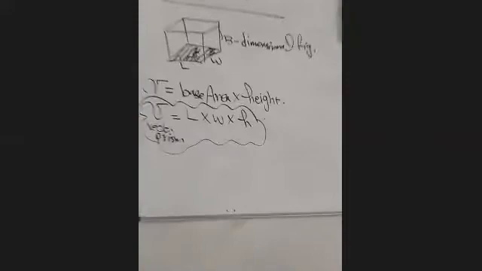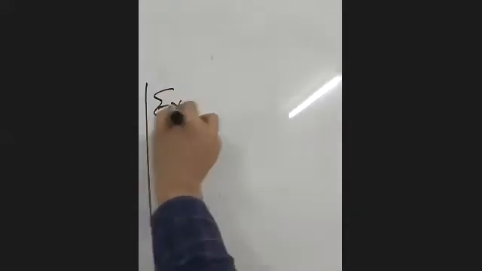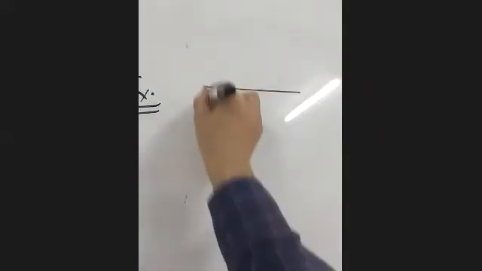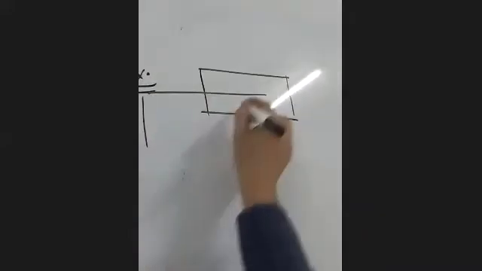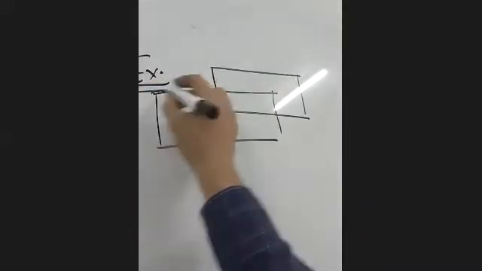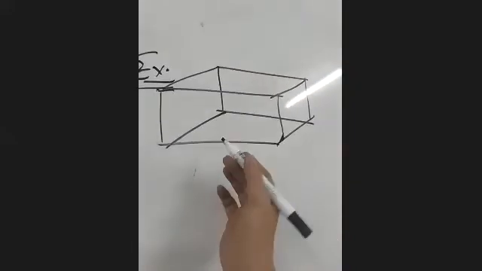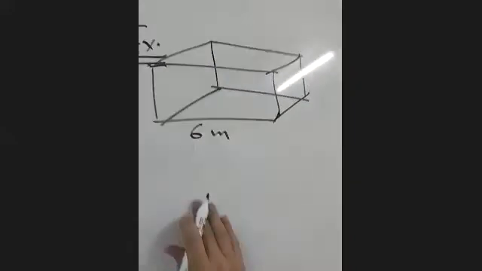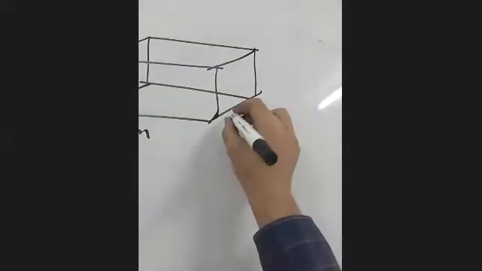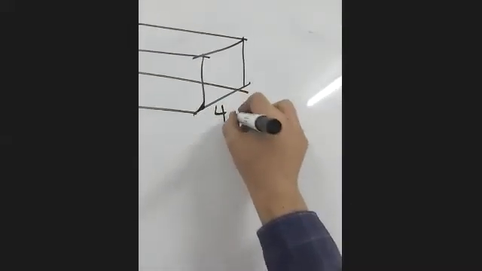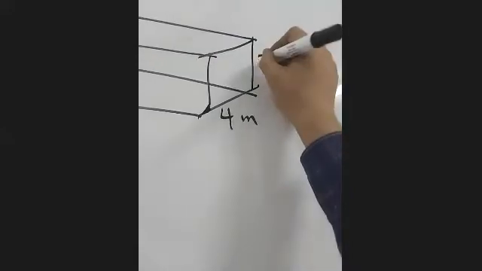For example, let's take example here. If I have this rectangular prism with the three dimensions, the length of it, let's say it is 6 meters. The width, for example, 4 meters. The height, let's say 3 meters.